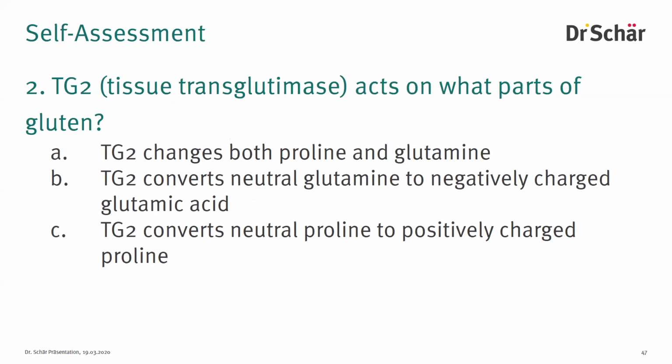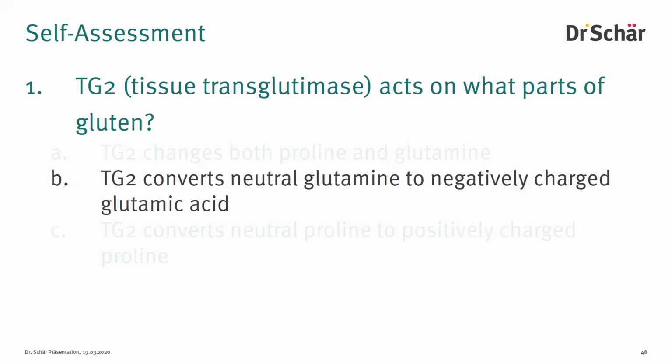TG2, tissue transglutaminase, acts on which parts of gluten? All right, a few mixed answers here, but it looks like most of you are getting this one right. The correct answer is B. TG2 converts neutral glutamine to negatively charged glutamic acid.